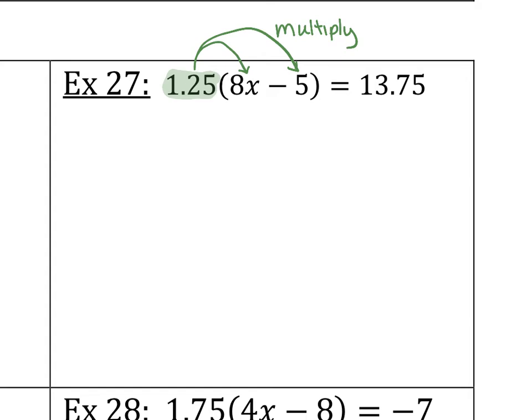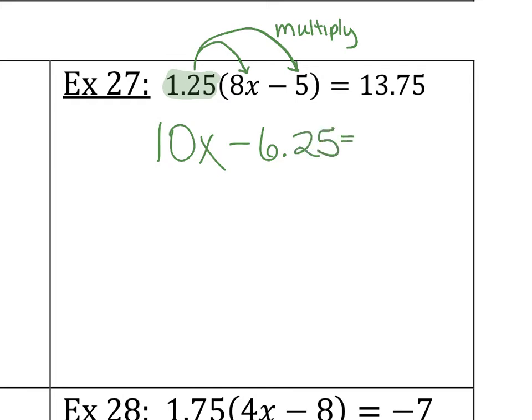Again, here's the thing. Do not let multiplication and division, addition and subtraction, that's arithmetic, be the reason you get this wrong. You have a calculator. We're not going to get stuck on it. But when we do this, we're going to get 1.25 times 8x. That's 10x. Oh, that's nice. And then 1.25 times negative 5 is negative 6.25.